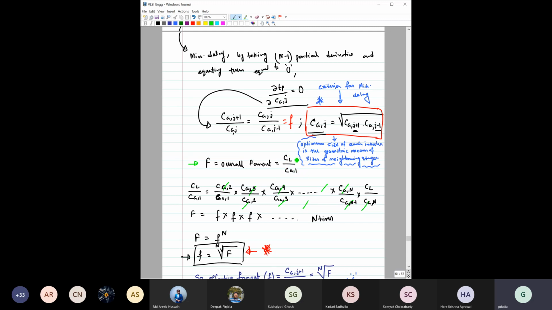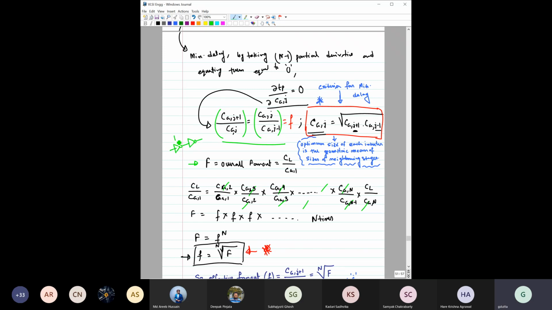And this particular factor can be written in this way. So you can write CL by Cg1 like this, and you see that each of these terms is equal to F, the sizing factor from one consecutive stage to the next consecutive stage.